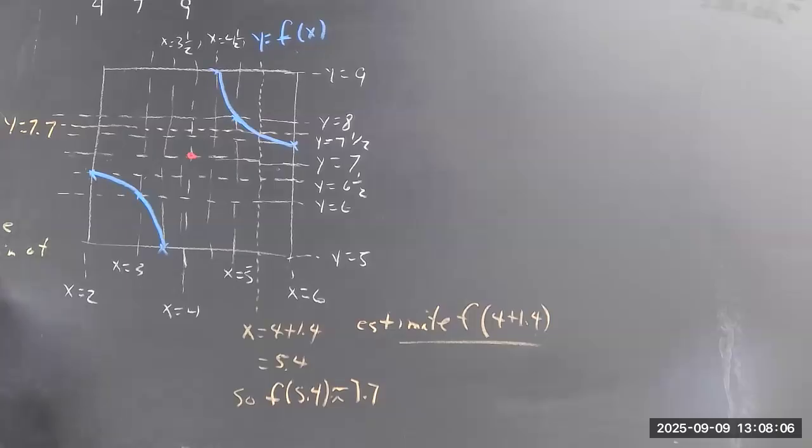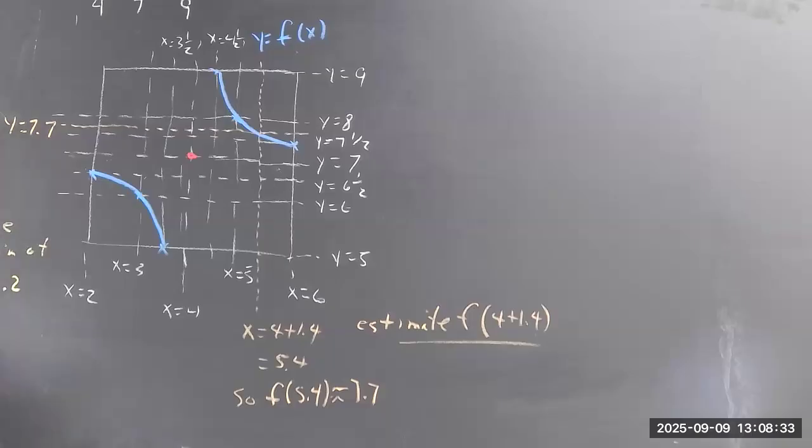Y equals, I'll say b plus 1.2. In this case, I'm going to actually change it for the reciprocal function to b minus 1.2.